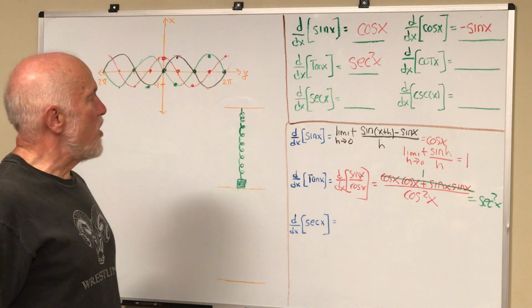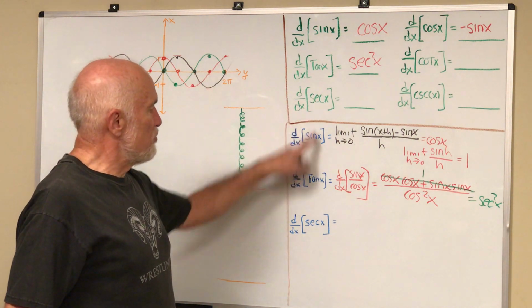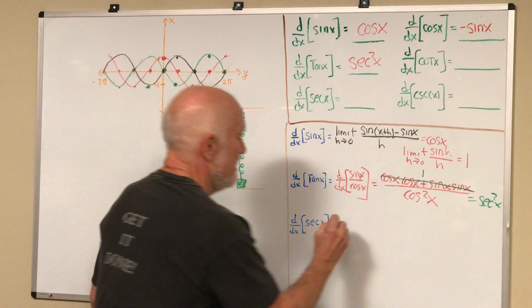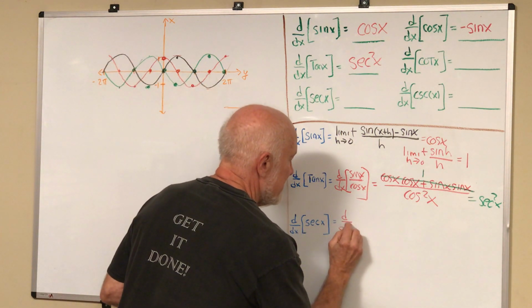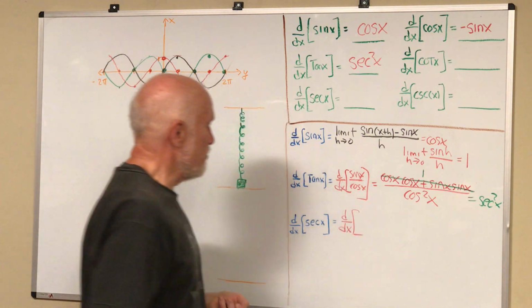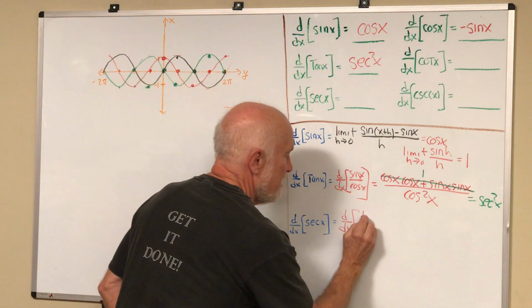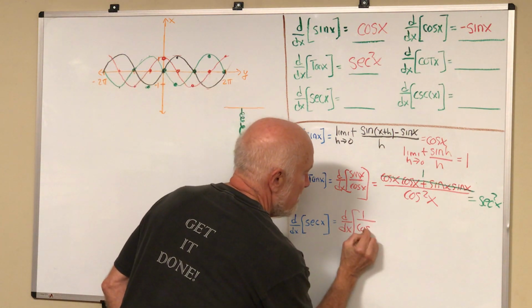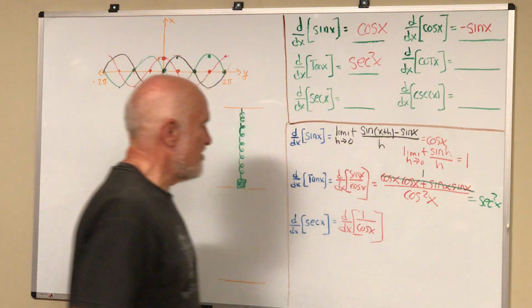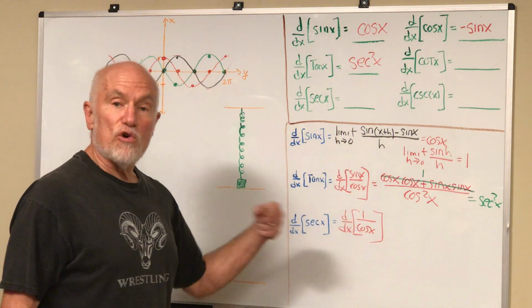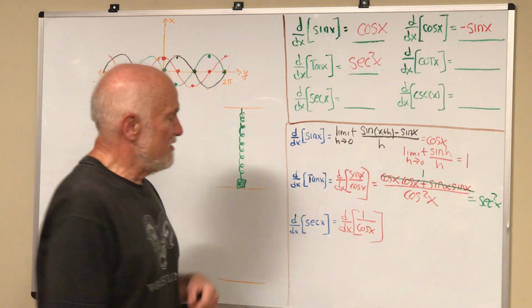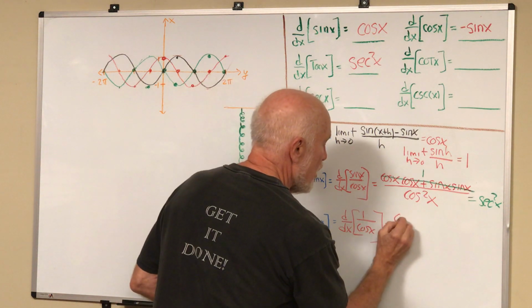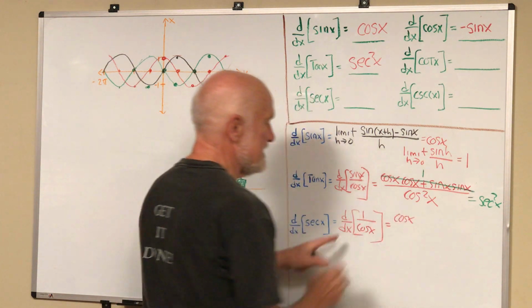I'm just going to do one more. How are we going to get the derivative of the secant? Well, the secant is the reciprocal of the cosine. So again, we can use the quotient rule, and the derivative is low d high.